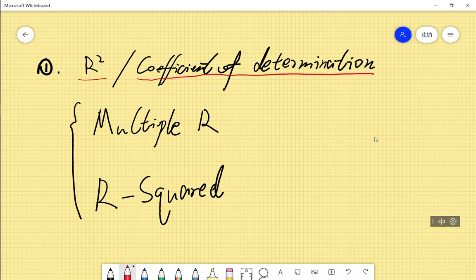From the regression statistics, you will find that maybe there is a multiple R square. You will know that it's called R square, right? The multiple R is more like the square root of R square. It's something like this. So you should know the difference, right?